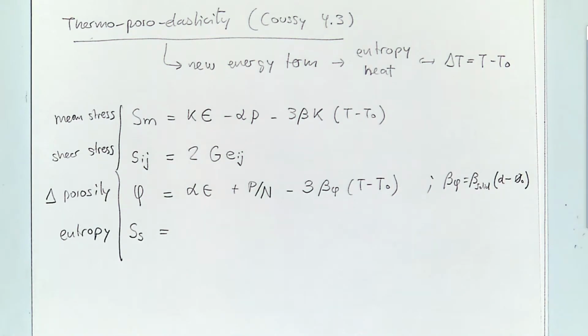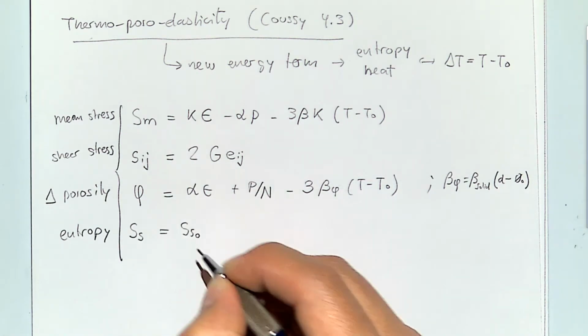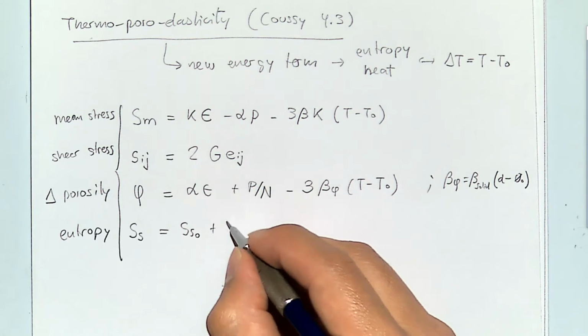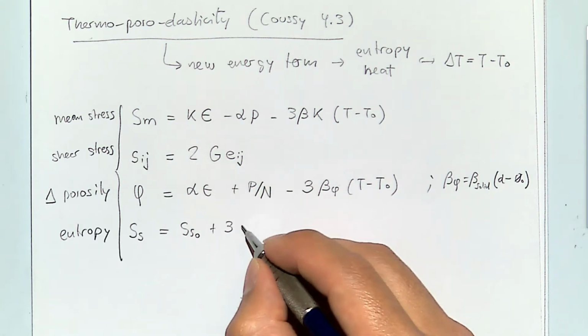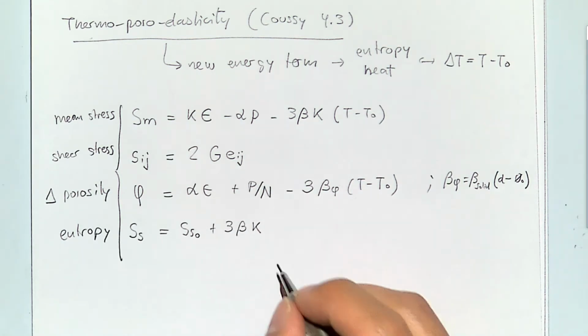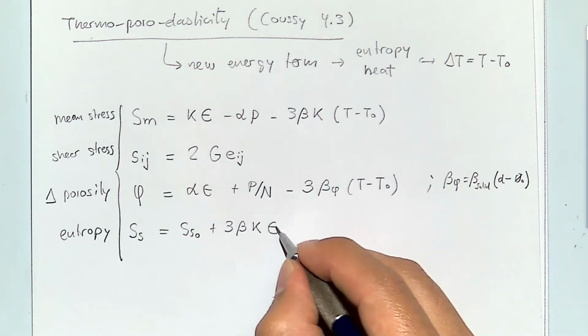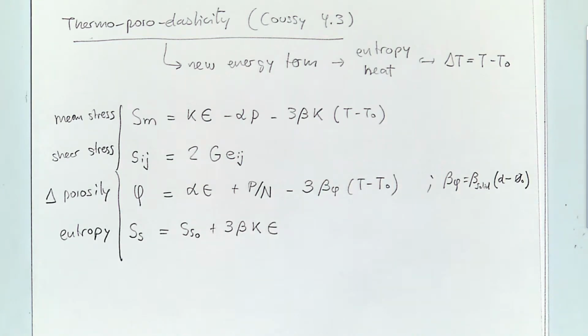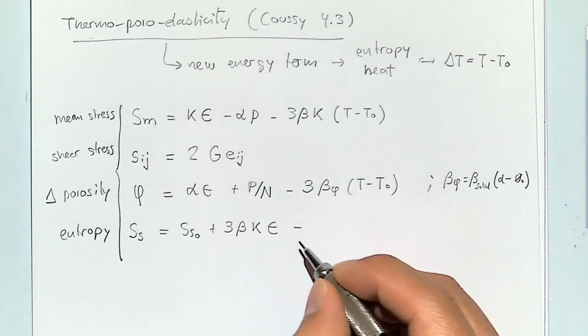All right, so the entropy is going to be the initial entropy plus whatever heat you add by volumetric strain. This is similar to this term that we were talking about before. You add volumetric strain and you're going to have additional energy in the system.